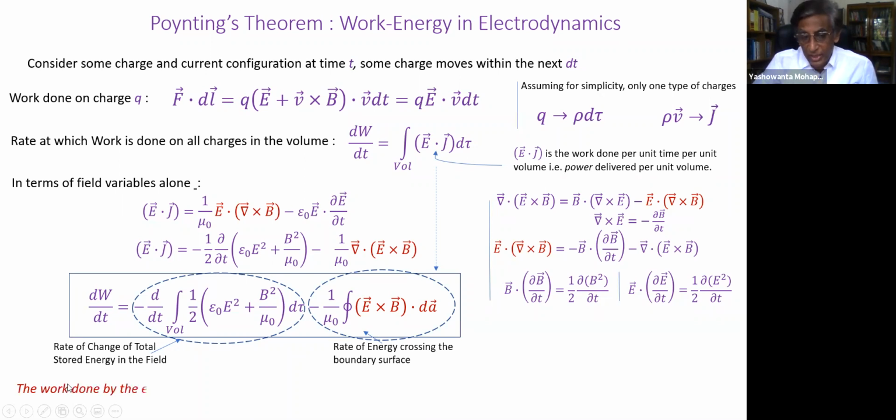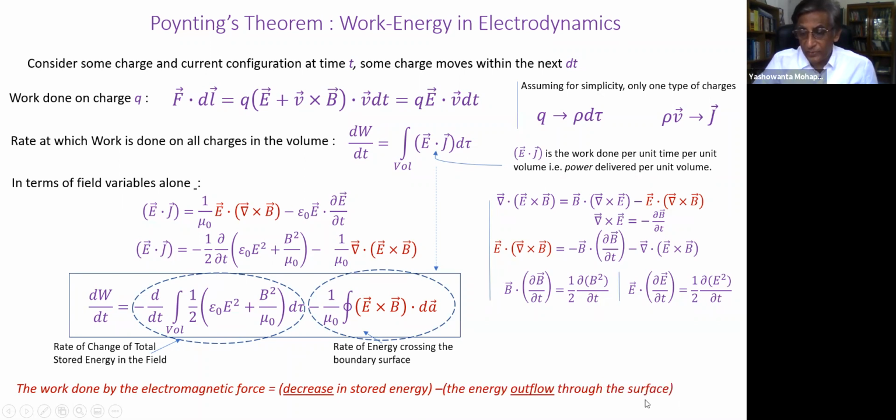So the work done by the electromagnetic force is the decrease in stored energy, the first term, minus the energy outflow through the surface bounding that volume. This is the statement of Poynting's theorem, relating the work with the loss of energy stored and the energy flow out. That is exactly like, as I said, the work energy theorem of electrodynamics.